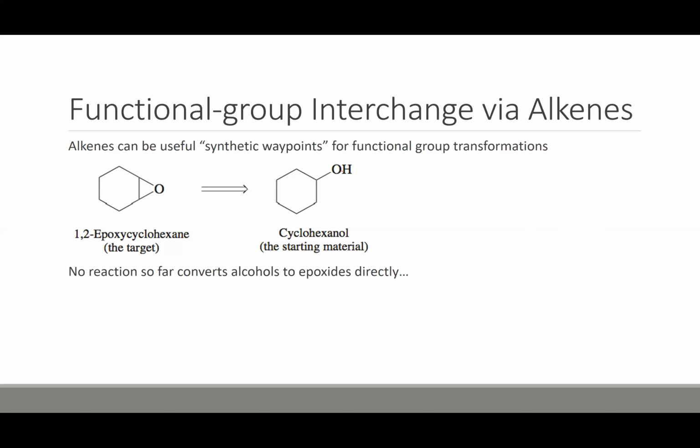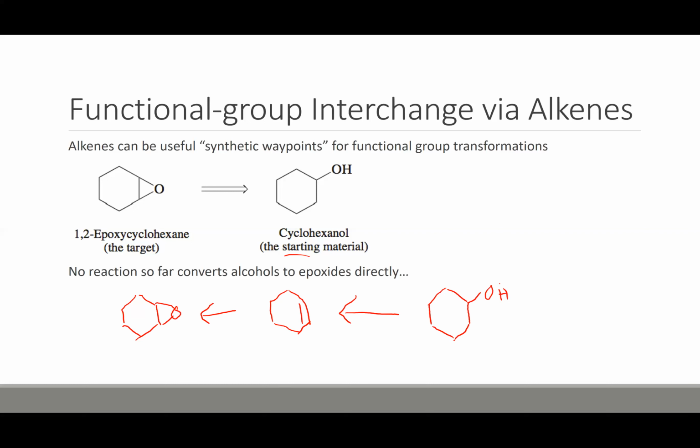So one thing we just talked about, for example, is that we know that an epoxide group can be generated from a double bond. And we also know from previous reactions that we can dehydrate an alcohol to make a double bond.